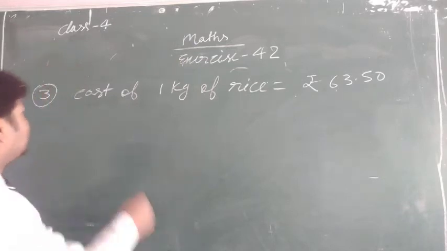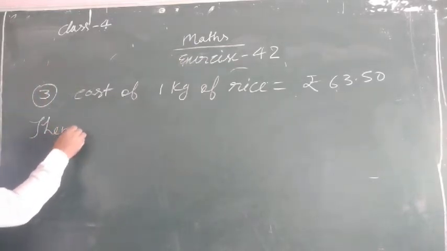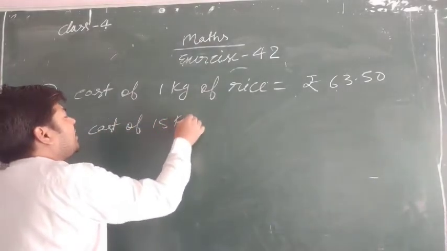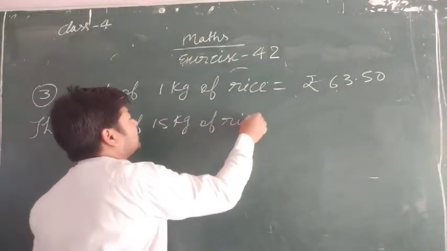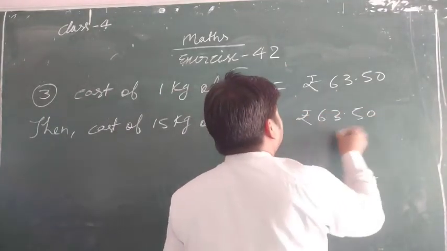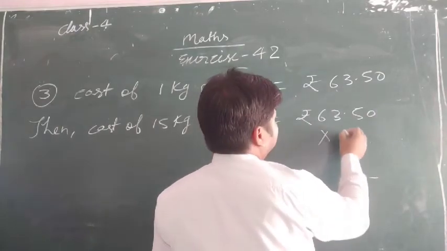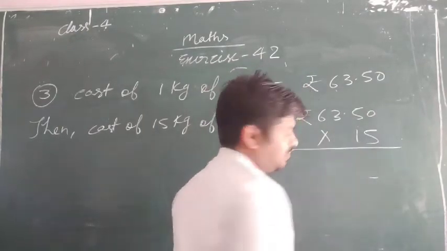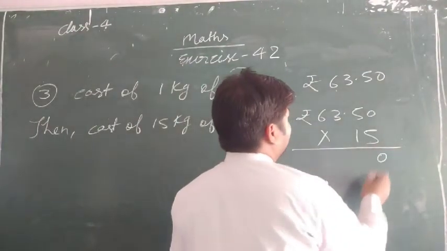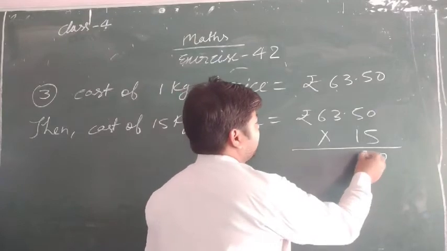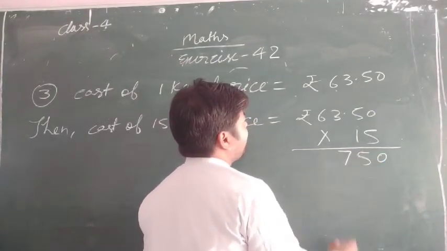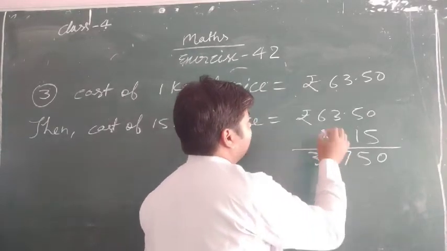Then cost of 15 kg of rice equals rupees 63.50 multiplied by 15. Okay, so 5 fives are 25, 5 threes are 15 to 17, 5 threes are 30, 31.